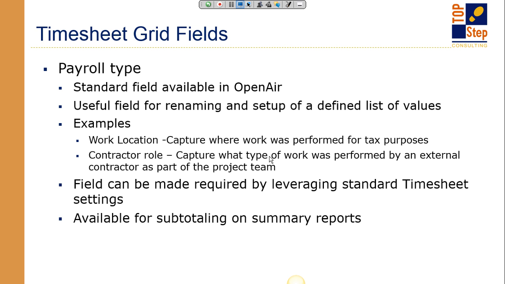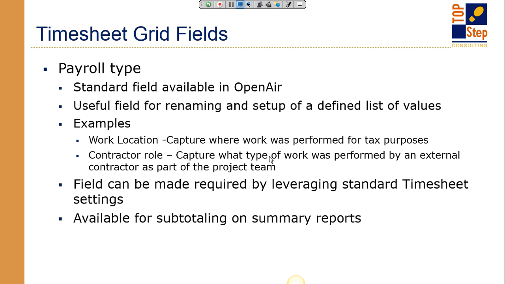Some of the ways I've seen this used is like work location. What state am I working in? Am I on-site or remote? A lot of tax calculations could be based on how much time did we spend in a specific state, so we can determine if we owe taxes in a particular state.